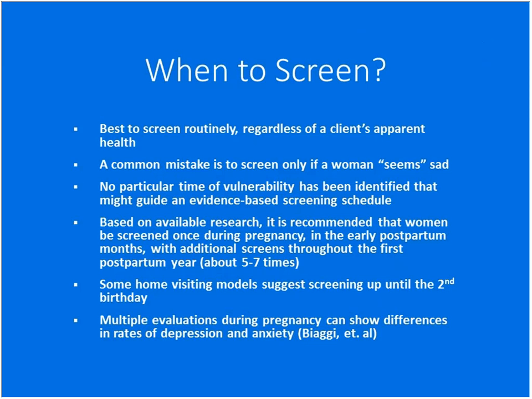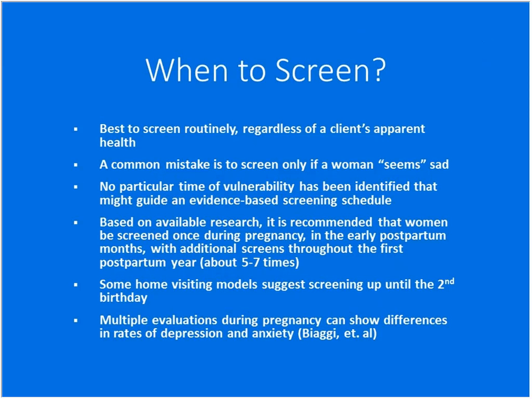Unlike some screenings for other conditions, the research to date has not identified a particular time of vulnerability that guides our screening. In other words, there isn't an evidence-based screening schedule for perinatal depression. So you're going to see different protocols in place.